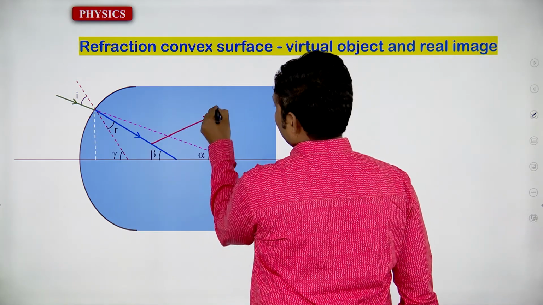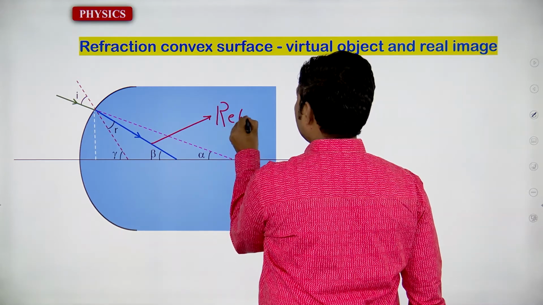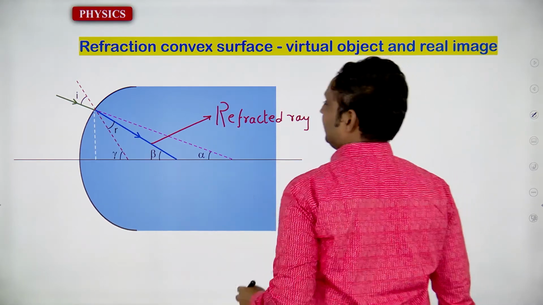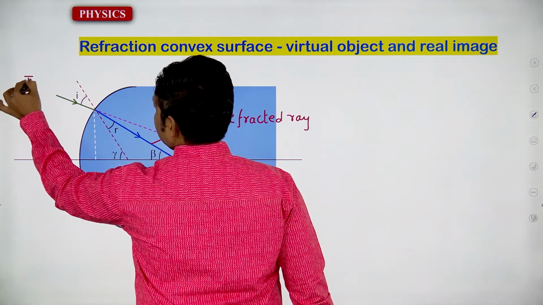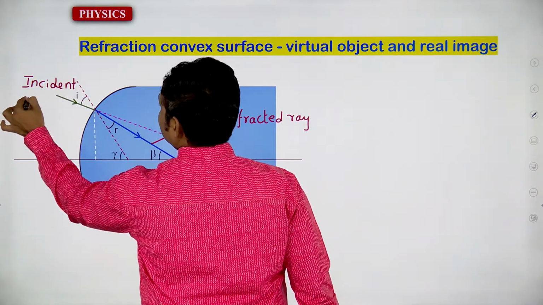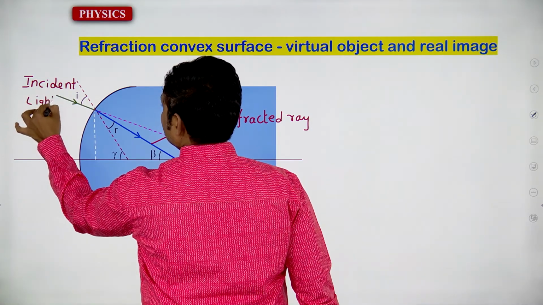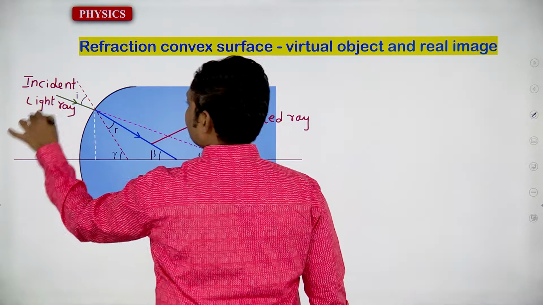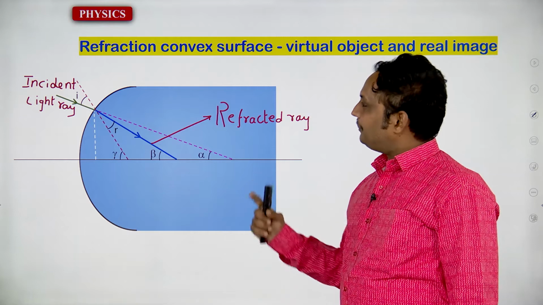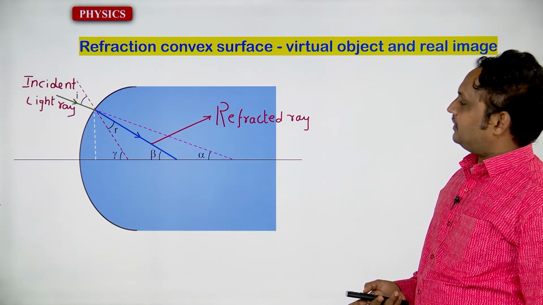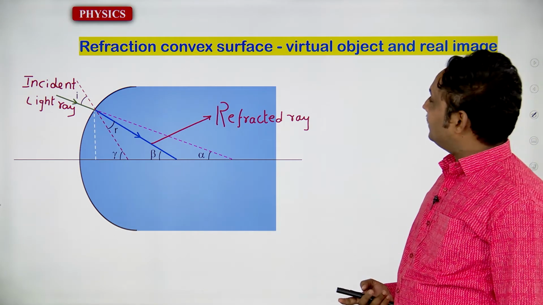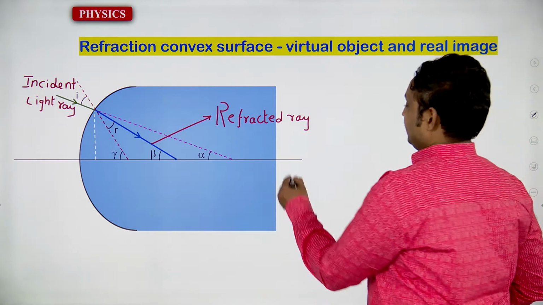This is the incident light ray. So the object is going to be virtual and the image is going to be real. It's very clear.